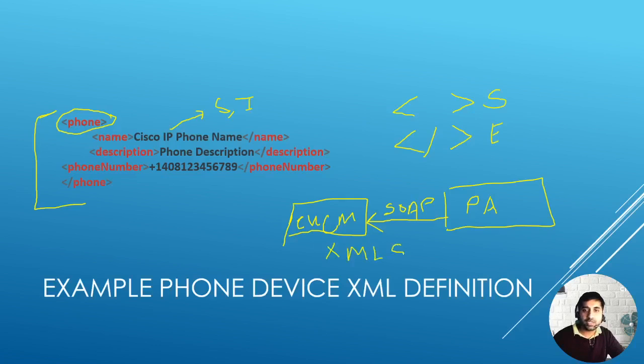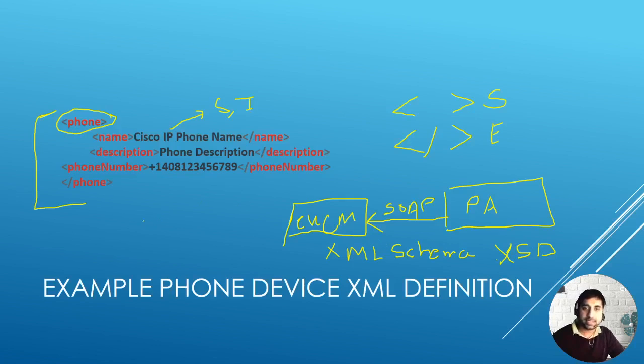So basically what will happen is a CUCM will consist of something called an XSD file, or .xsd file, or XML schema definition file. And inside this XML schema definition, it will define all the objects, all the APIs that people can use.